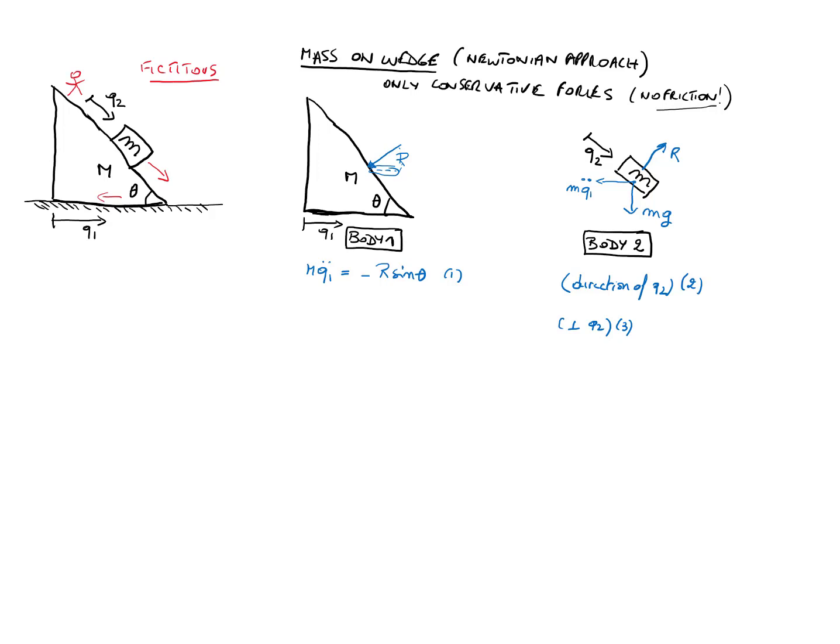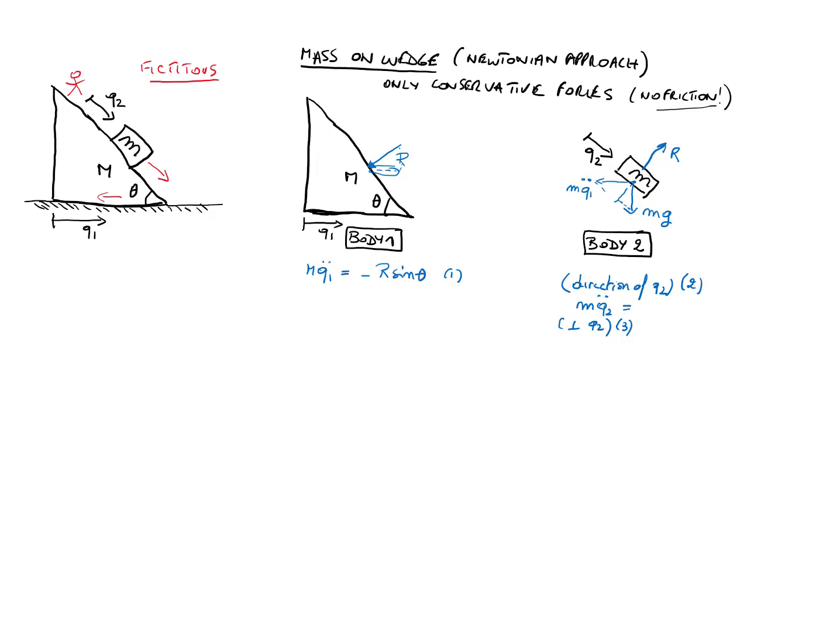Okay, so let's have a look at what's happening in the direction of Q2. Well, of course, you have acceleration in this direction. You have M1 Q2 double dot is equal to, well, you have R that is not going to give you any contribution because it's perpendicular to Q2, and the other forces are going to give you a contribution.